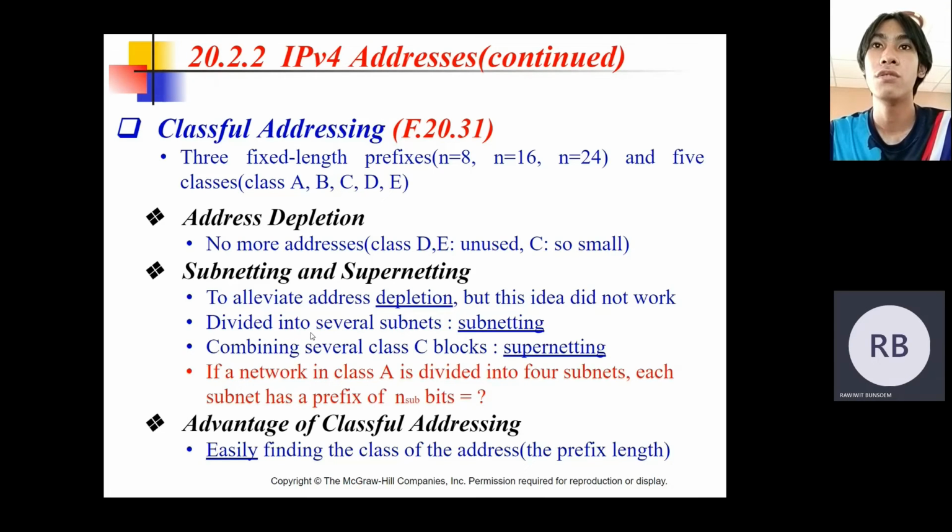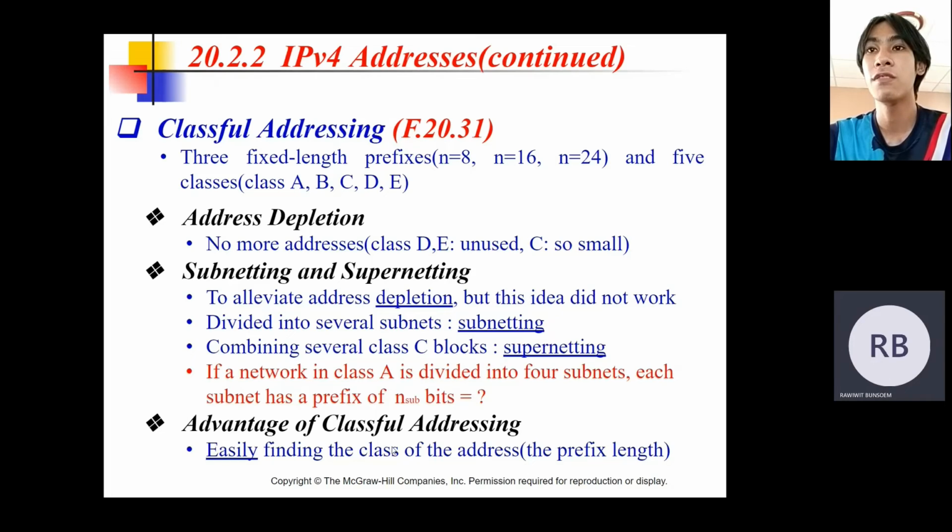Subnetting divides a network into several subnets, and supernetting combines several class C blocks. If a network in a class is divided into 4 subnets, each subnet has a prefix longer by 2 bits.